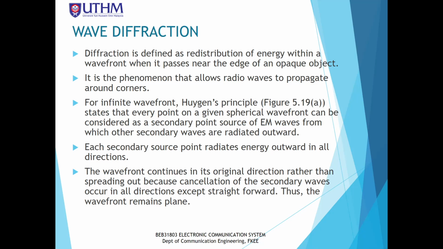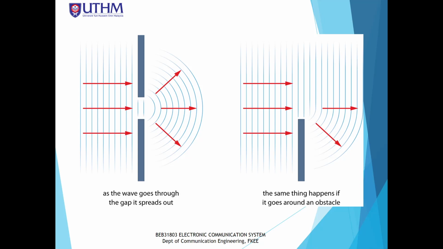Diffraction. So diffraction is defined as the redistribution of energy within a wavefront when it passes near the edge of an opaque object. It is a phenomenon that allows the radio wave to propagate around corners. So this is an example of diffraction. In Malay we call it Cerakan Gelombang. When the wave travels through the gap, you see what happened.